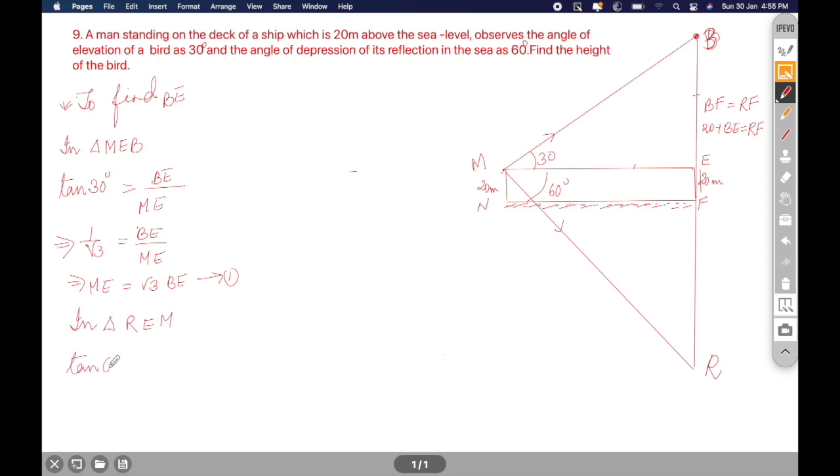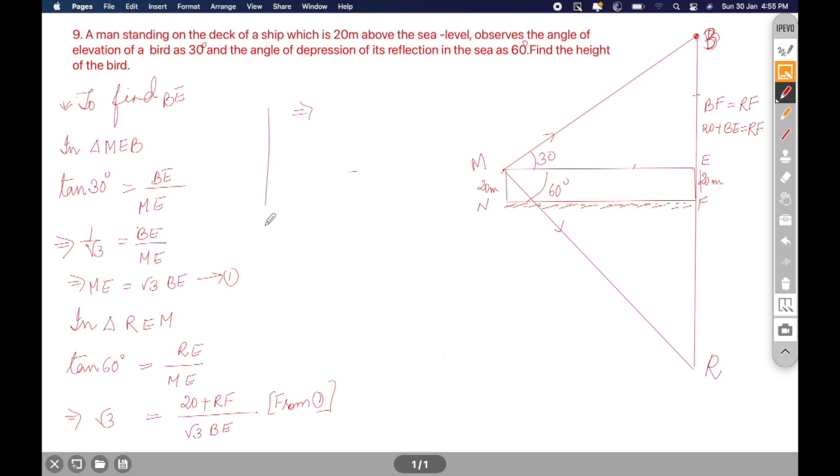Next, in triangle REM, tan 60 degrees equals perpendicular by base. So here RE is the perpendicular, ME is the base, and RE can be written as 20 plus RF, and ME can be written as root 3 BE from 1, and tan 60 degrees means root 3.